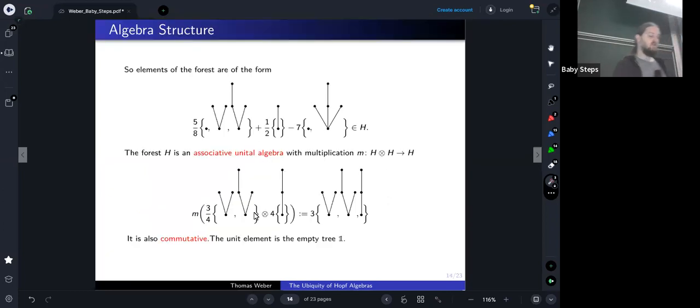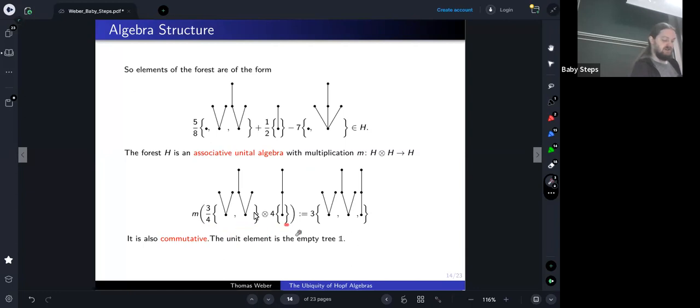Okay, so just to be clear, what is this algebra structure? First of all, elements of the forest are now of this form here. You have some rational number, you have some non-ordered set of trees, and you can add and subtract them. That's really as easy as it looks. And you can show this is an associative unital algebra, with multiplication that multiplies the rational numbers and builds one set out of the single sets.